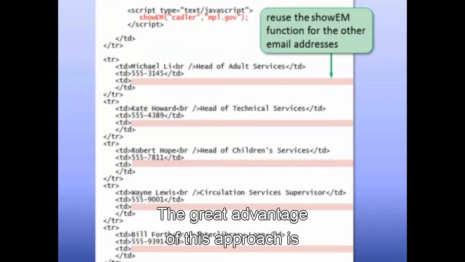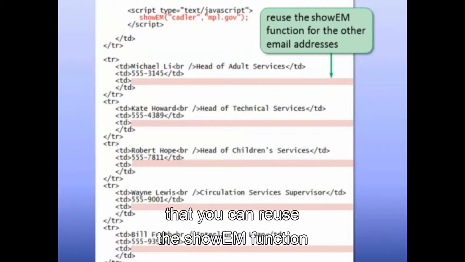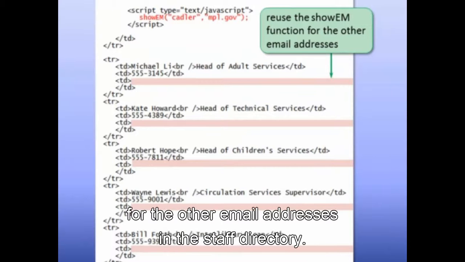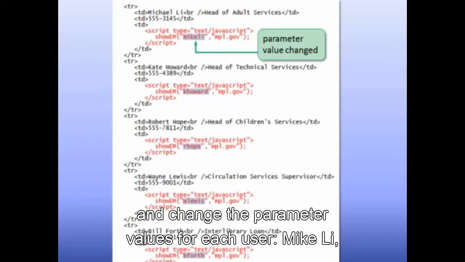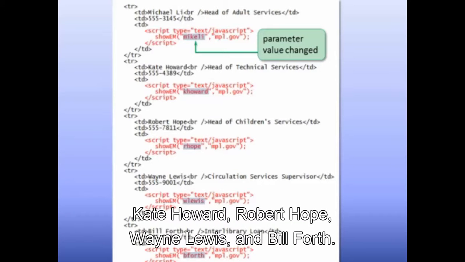The great advantage of this approach is that you can reuse the showEm function for the other email addresses in the staff directory. Insert 5 other function calls in the mpl.htm document and change the parameter values for each user: Mike Lee, Kate Howard, Robert Hope, Wayne Lewis, and Bill Forth.